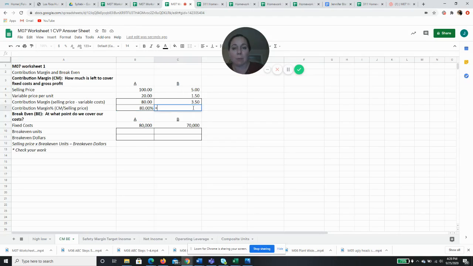For product B, I'm going to take my contribution margin of $3.50 and divide it by my sales price of $5, and I get a contribution margin percentage of 70%. These are pretty high contribution margins, so I feel like these products are going to be winners, but let's see how they shake out.